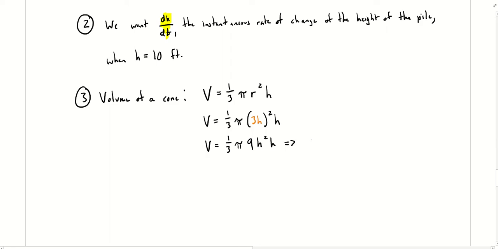I'll just write this on the same line so we don't run out of room. 1/3 times 9 is 3. h squared times h is h cubed, so I can write this volume equation as 3 pi times h cubed for this specific case, because again, I'm told that I can express the radius in terms of the height as 3h. So this is the equation I'm going to work with here. It's just a little bit easier than all of these variables in this expression.